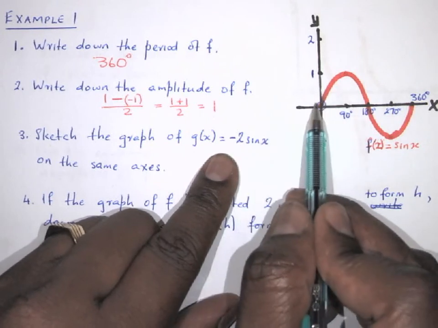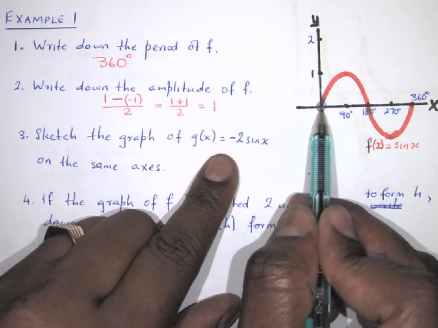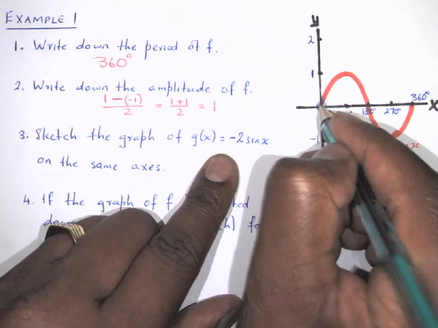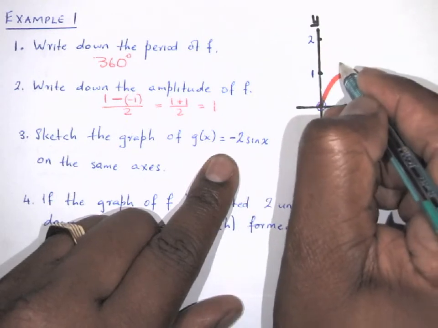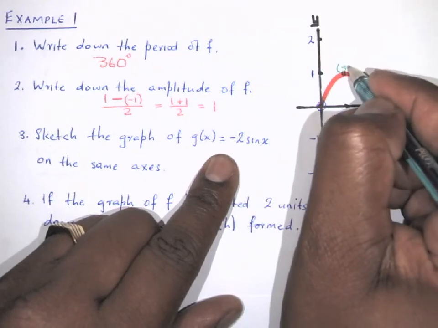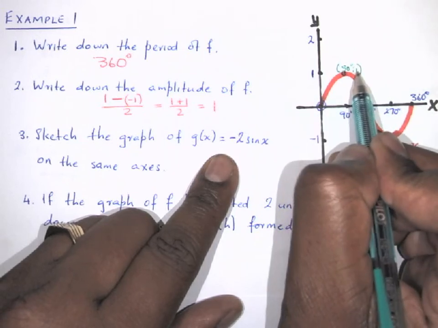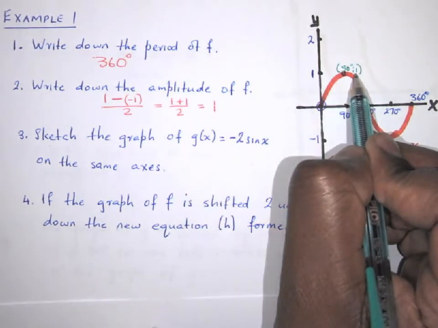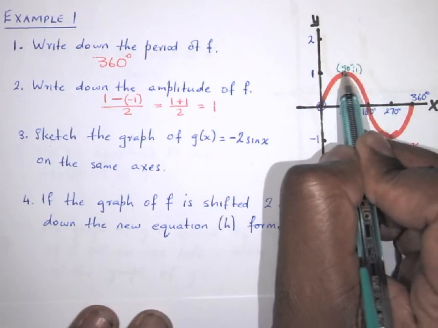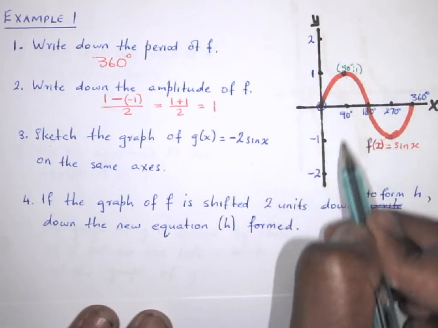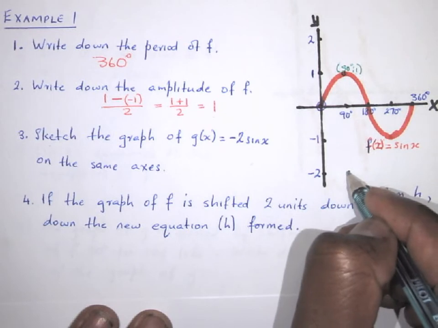Note that this point over here is 90 degrees, 1. So if I multiply the y value by minus 2, I'll get a new point which is 90, minus 2. 90, minus 2 will be down there.